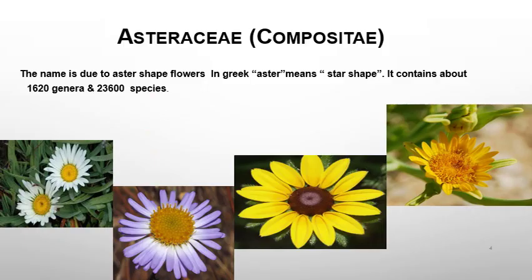There are various names of this family. Asteraceae family is also called the composite family or aster or daisy family. It relates to the flowering plants of order Asterales.